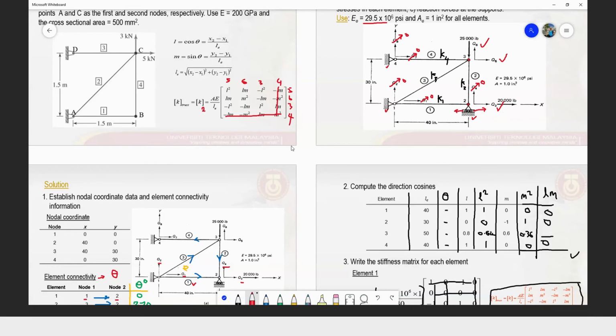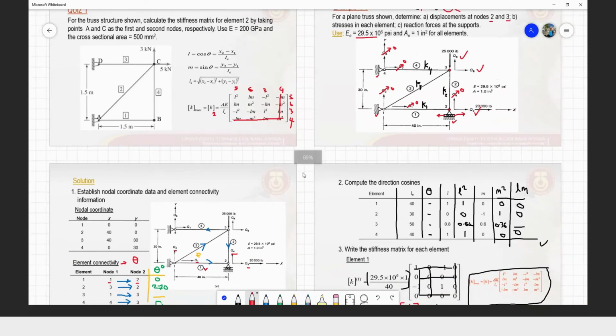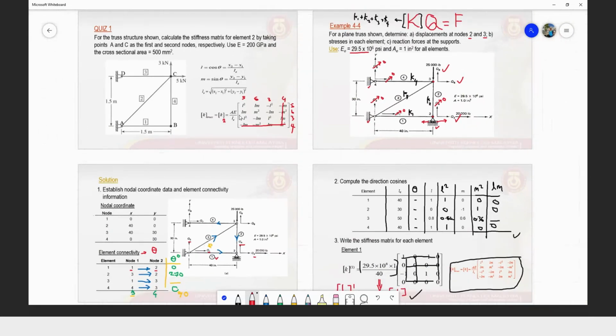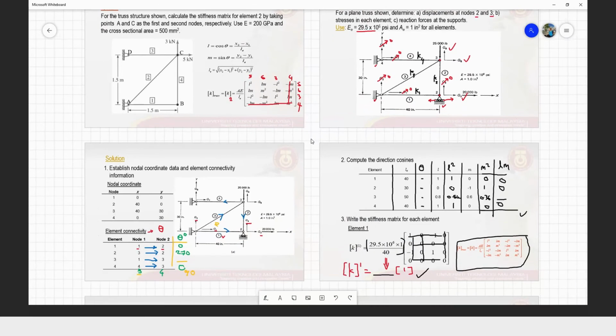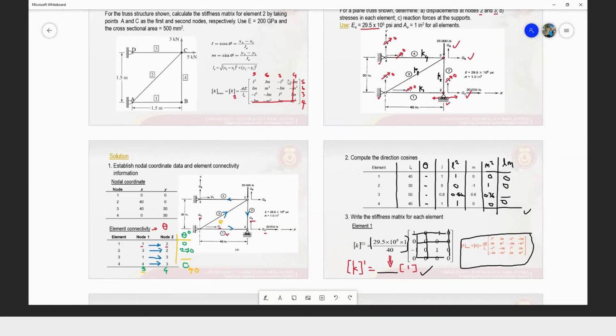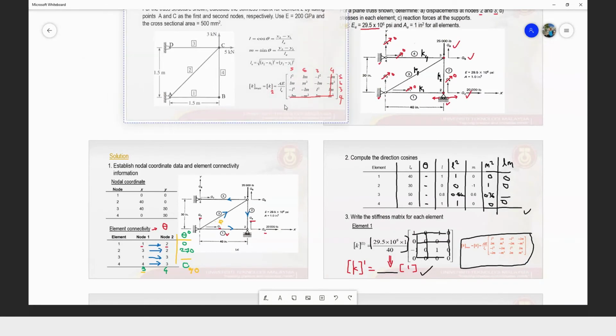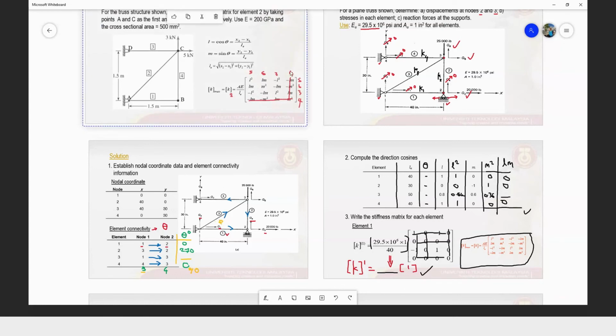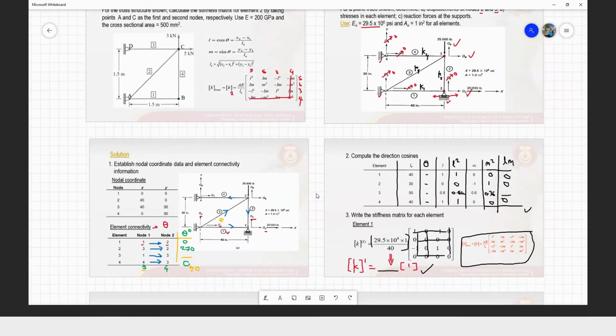So in that case, you just fill up the numbers for all the active elements in your K matrix untuk element number 2. So you reduce a bit your time instead of filling up everything in the K matrix.